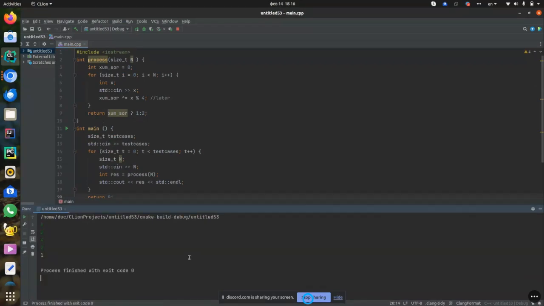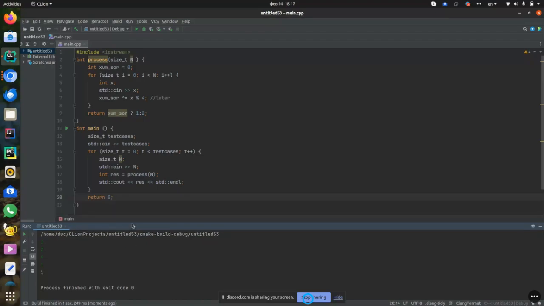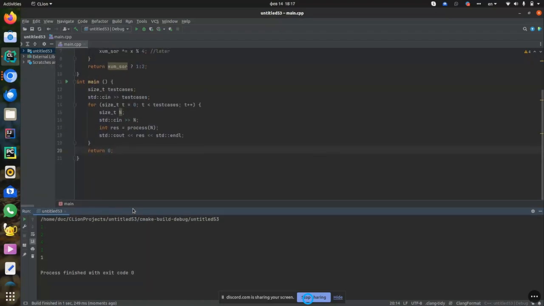1, 2, 3. What does this mean? We have only one test case, right? We have two piles. I'm testing for only two piles. We have 4 stones on the first pile and 1 stone on the second pile. And the first player will win. Why?